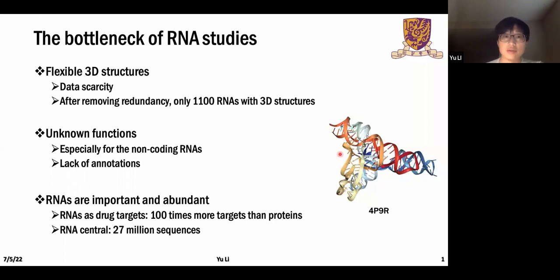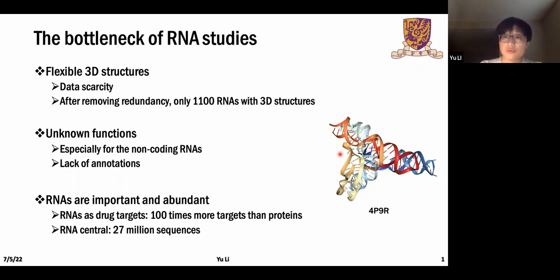But on the other hand, RNAs are very important and they are abundant. If we use RNAs as the drug target, probably we will have 100 times more targets than if we only consider proteins as the drug targets. And even if we only consider the non-coding RNA, in the RNAcentral database we have around 27 million sequences.